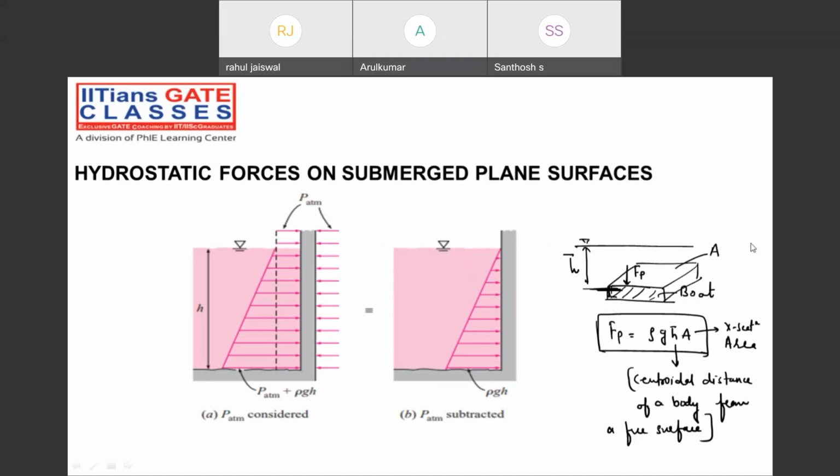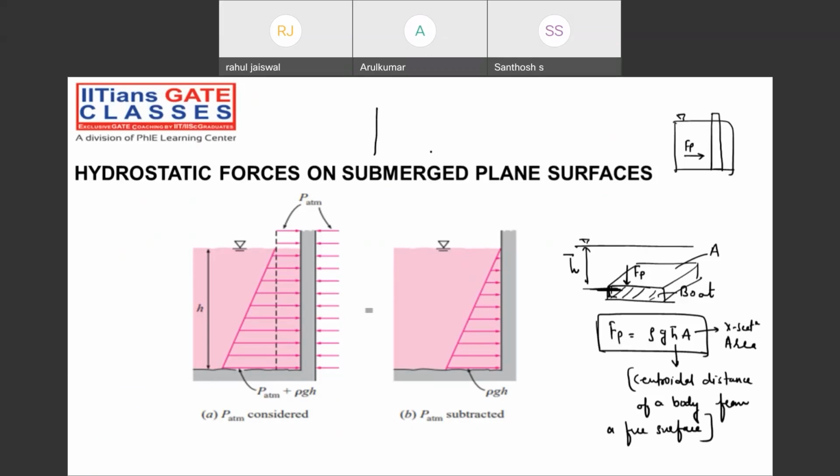But there is a very good observation here. Sir, when we are observing the atmospheric pressure force, whenever any body is there, suppose this is the container and we dipped a particular vertical plate. Suppose we are finding the pressure force. Do we need to consider atmospheric pressure force also?